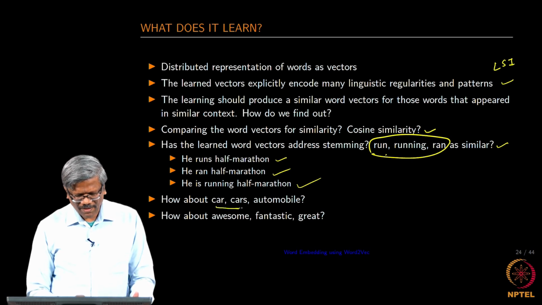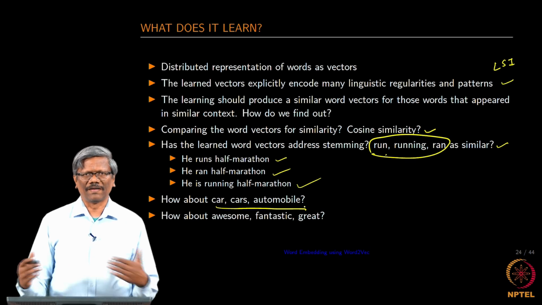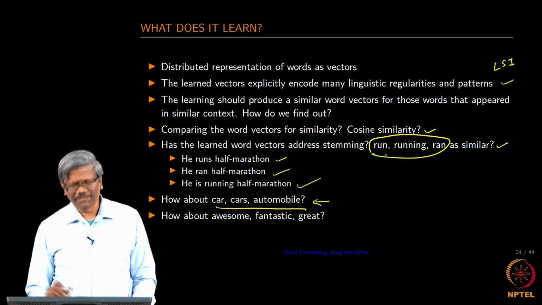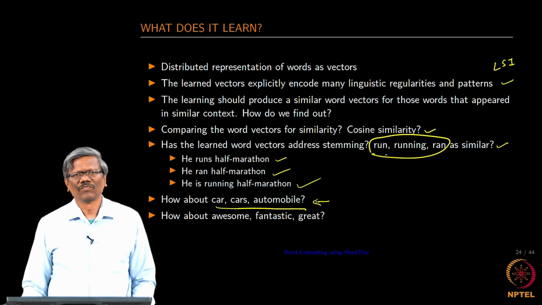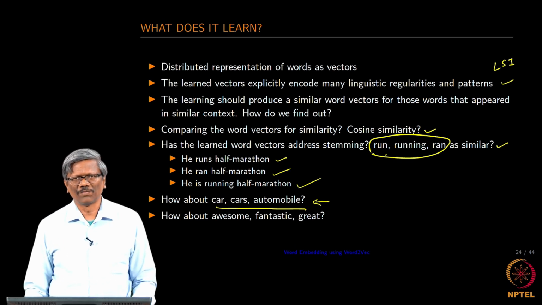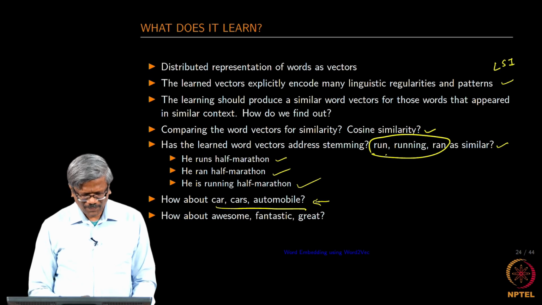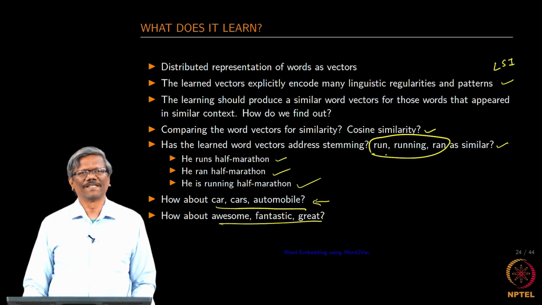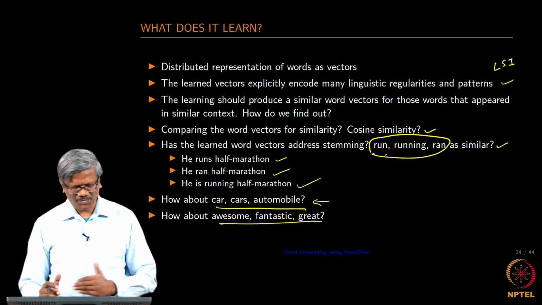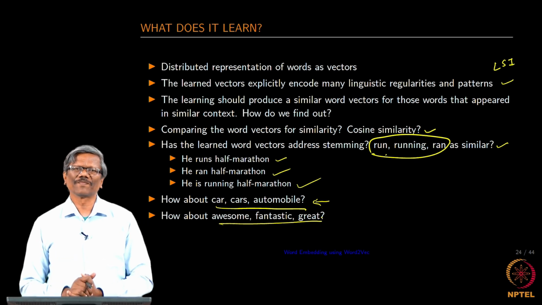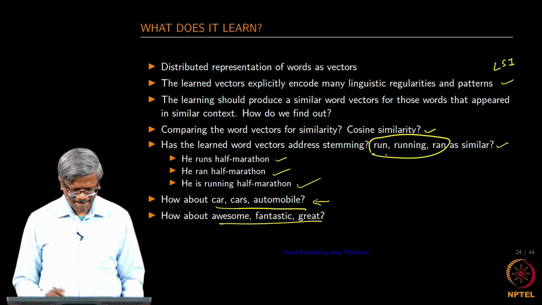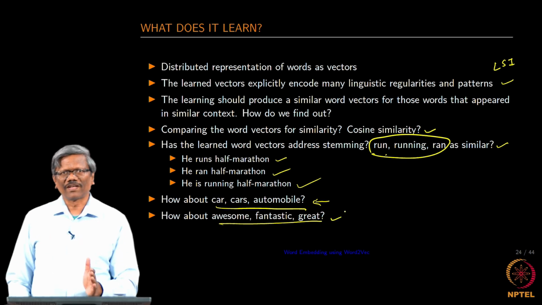How about car, cars and automobile? The same explanation holds true here too. If these words appeared in similar contexts, then there is a high probability that these words provide higher similarity values. How about these? Especially in the reviews, if you see similar context again, it is possible that these words could be found similar. So, again the context is the king here.